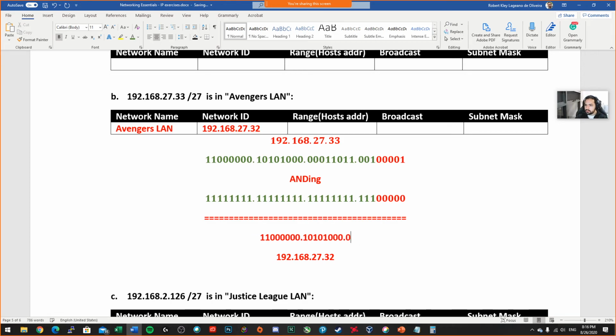Yes, this is the result. If you convert these to decimal, you get the 32. So this is the result of the ANDing operation. After you get the ANDing operation, you convert back, you find out that that's 32. So out of these 33, the 32 is actually representing the network.